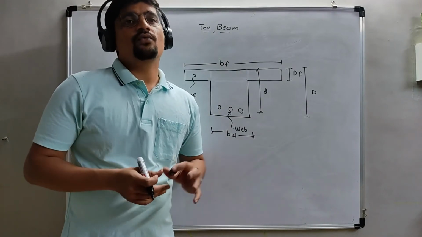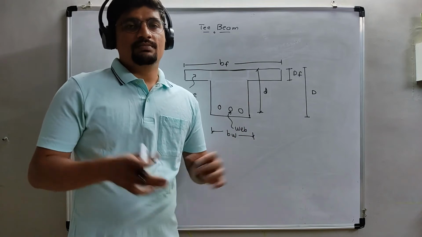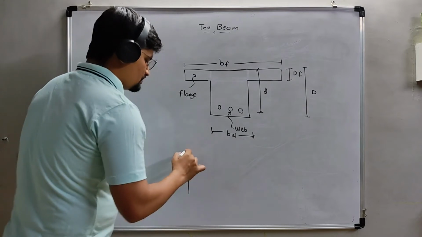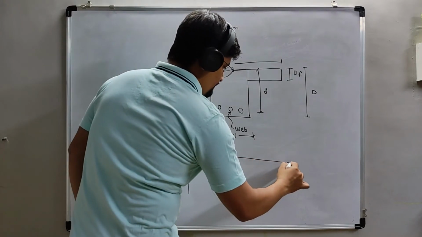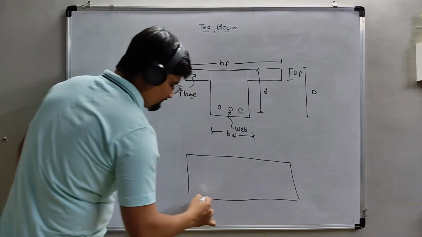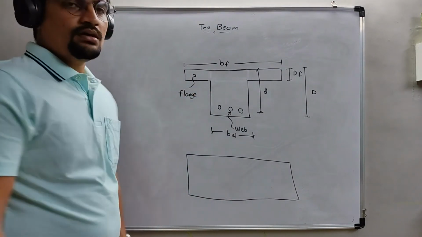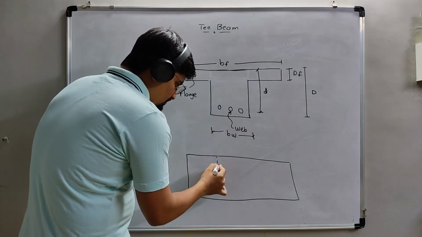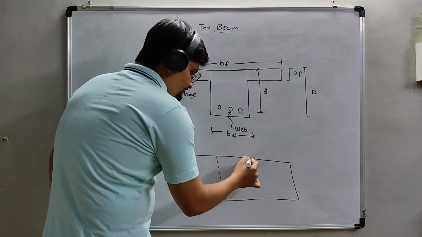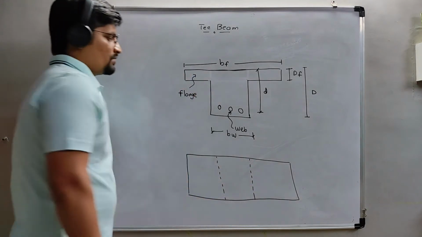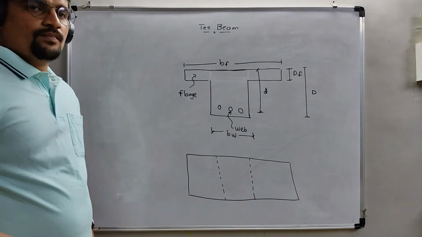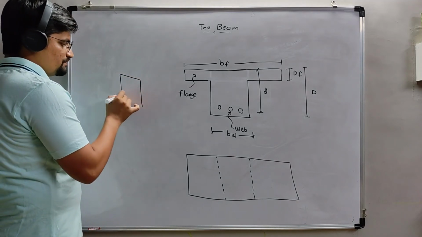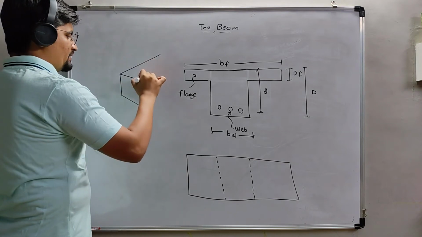So how is the reinforcement placed in the T beam? If I draw one plan portion, this is the plan portion of the T beam. This is one flange, and in the middle here is the beam section. If I draw the beam in 3D, it will go like this.